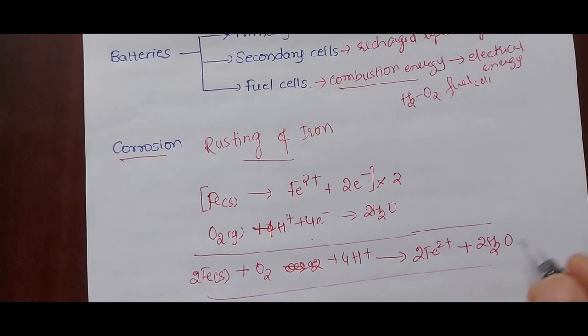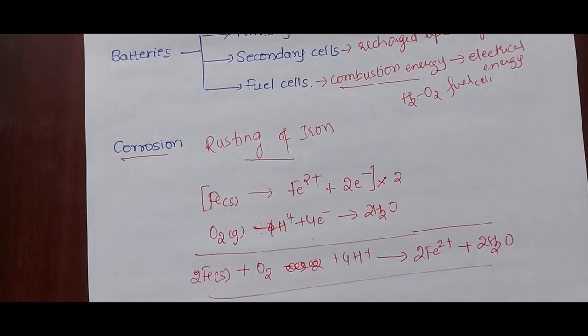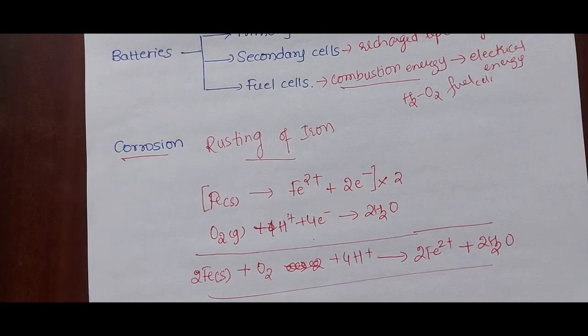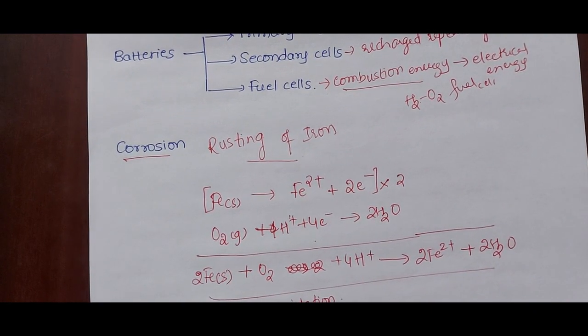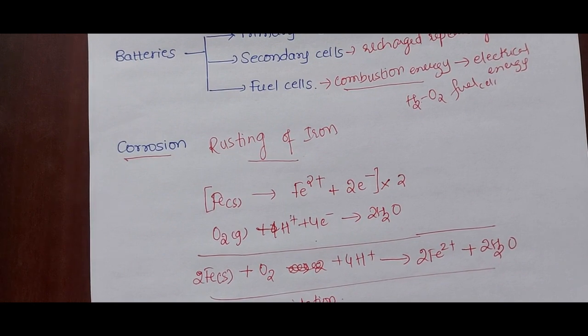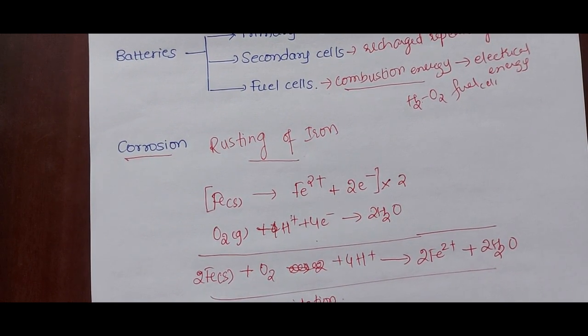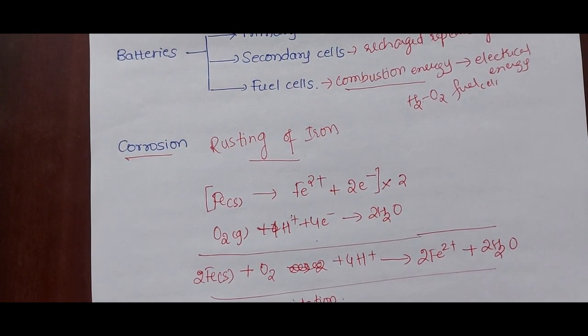Now this undergoes further atmospheric oxidation, and we get the product as iron rust. We represent it as 2Fe2+ plus 2H2O, and since it is undergoing further oxidation, plus half O2 forming Fe2O3 in solid state plus 4H+ in aqueous state.